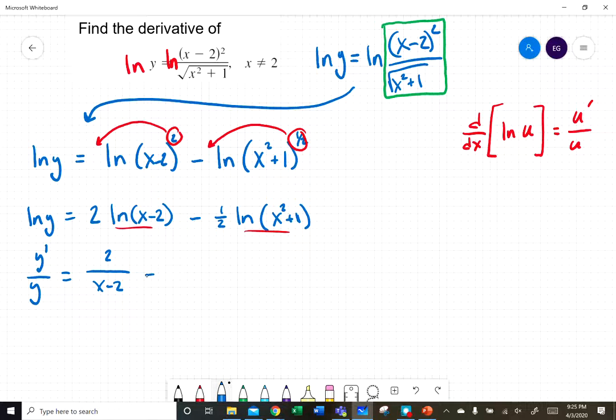Okay, so minus. So we have a 1/2. And the derivative of natural log of x squared plus 1 will be u prime, which is 2x, the derivative of x squared plus 1, divided by x squared plus 1. And it looks like we could cancel these 2's.